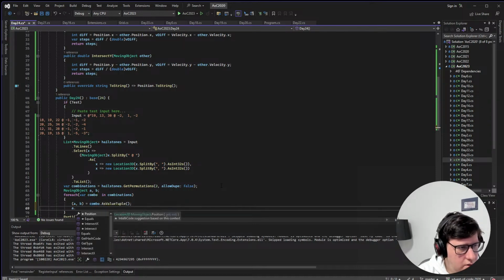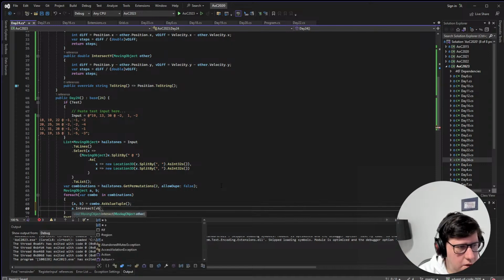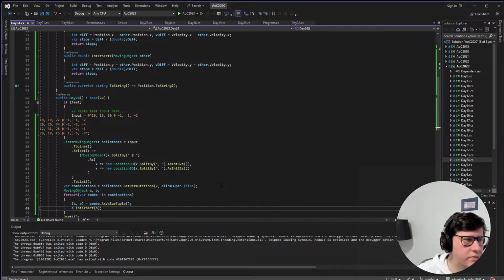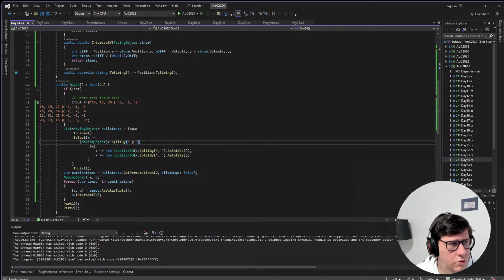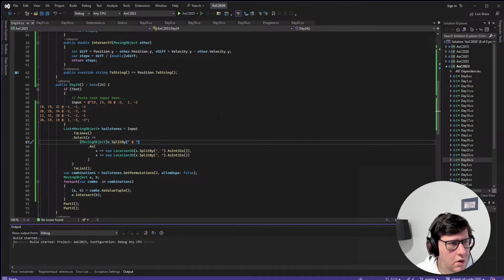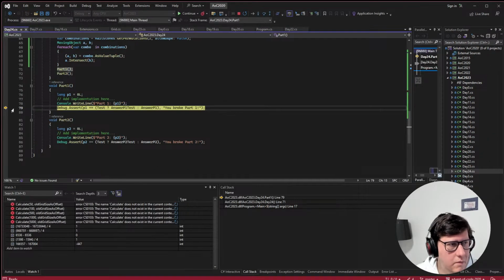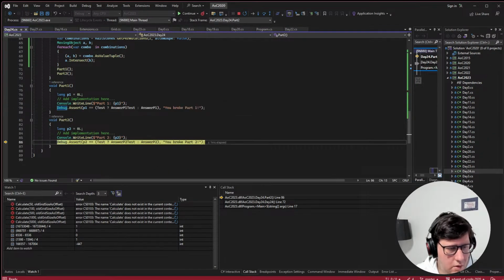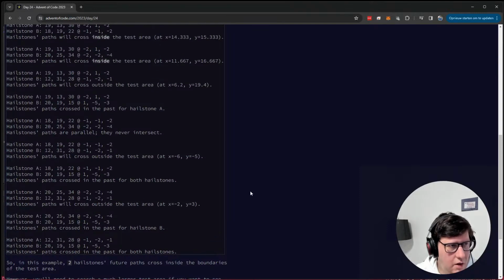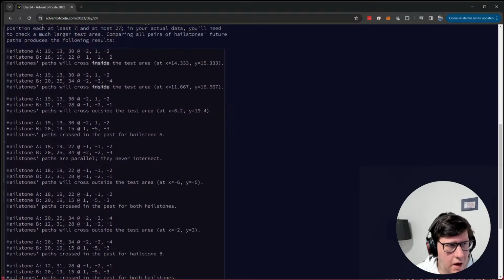Okay, dot intersect B. Sure. Let's see. And I should probably also point out at what point that they would intersect.